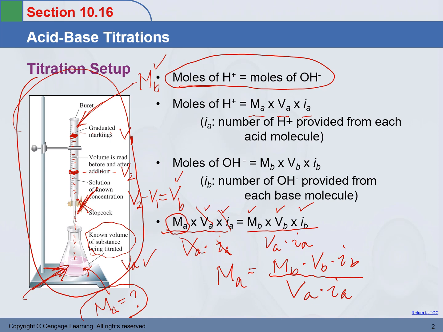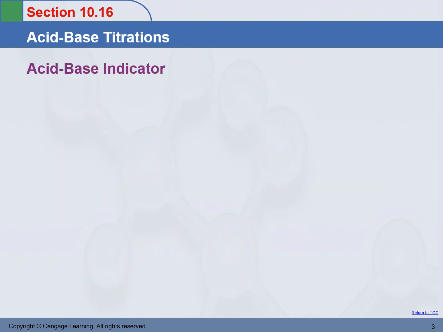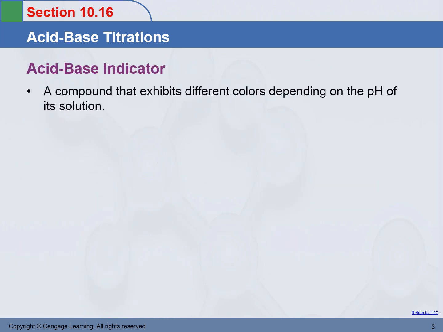In addition to the acid or base in this flask, we are going to add something else. That something else is called an indicator. An acid-base indicator is a compound that changes colors depending on the pH of the solution. When the pH is acidic, it shows one color.